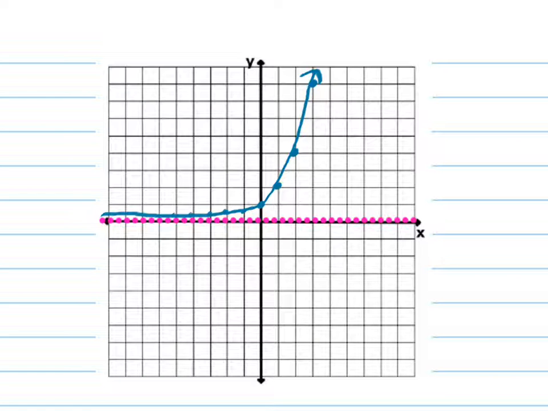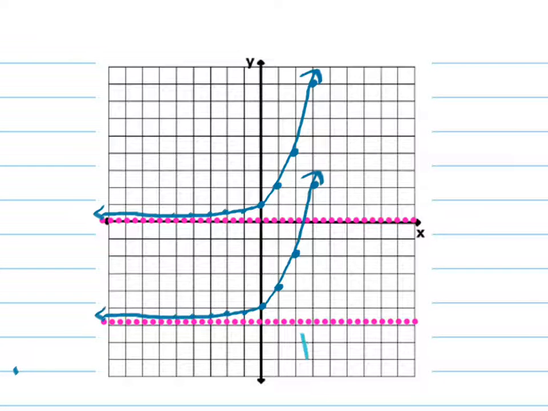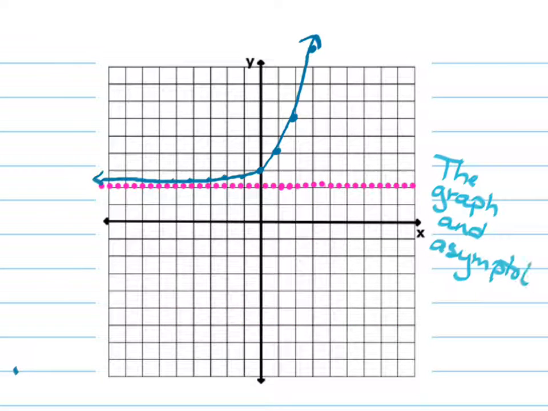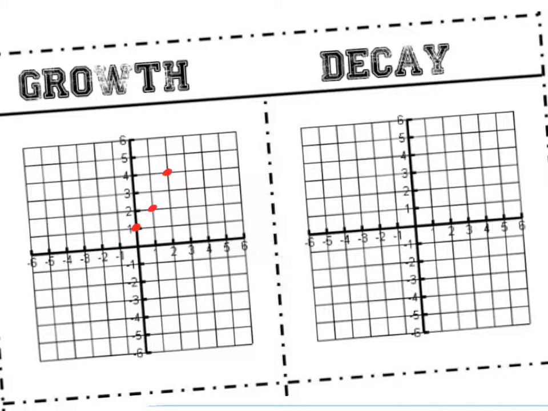It basically is a graph that approaches the asymptote, as we see in this situation. That asymptote can float around. So here's another situation. And there's another one. And so the graph and asymptote don't touch, as we've mentioned before, ever.